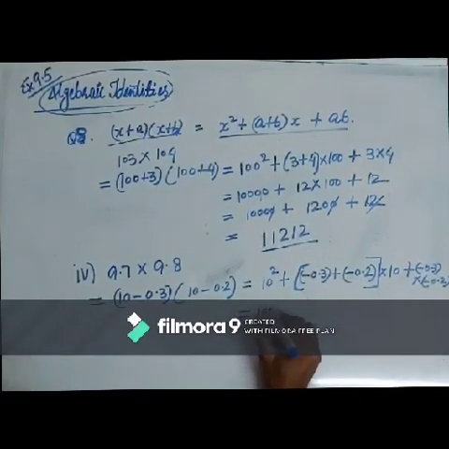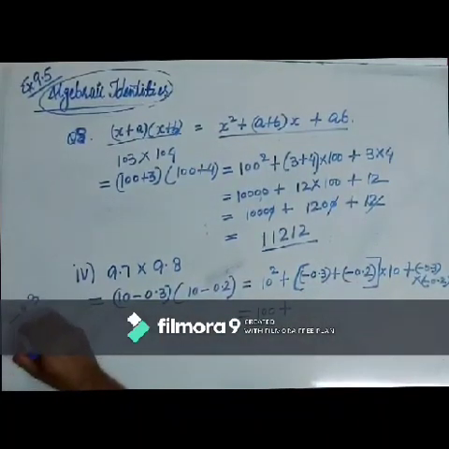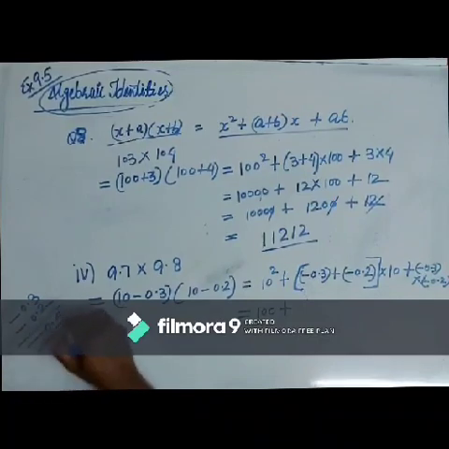So this is 100 plus, minus 0.3 minus 0.2 will constitute minus of 0.5, no multiplication.